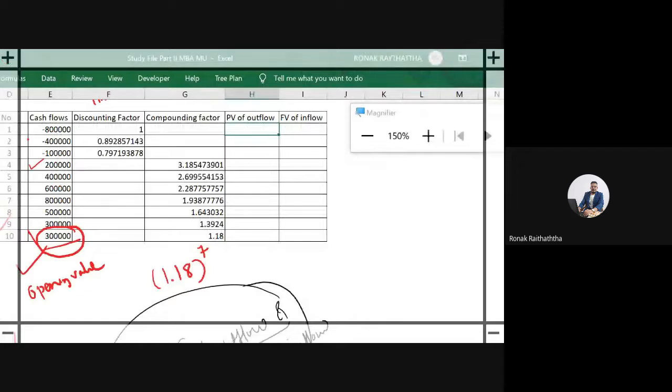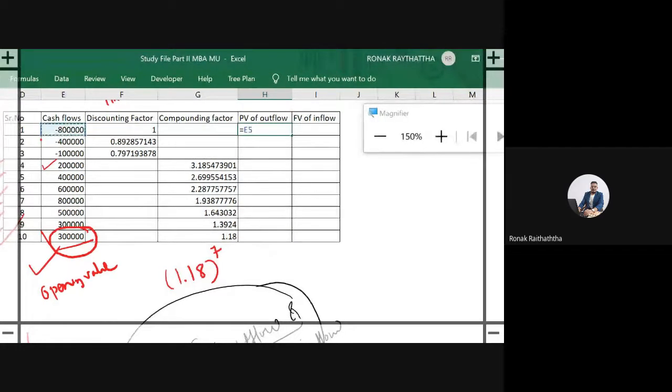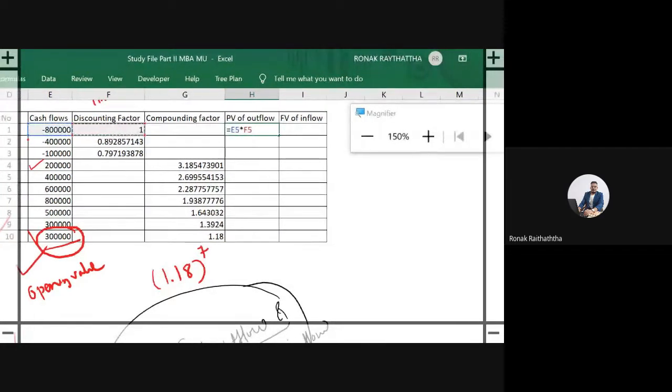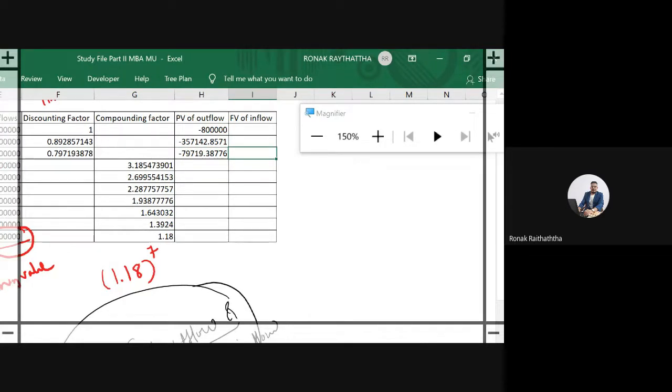Okay. Sir, what will be the present value of outflow now? Equals to outflow multiplied by this discounting rate. So copying that and pasting it down. In your case, you will have to manually multiply this, you know. But I have Excel, so I don't need to do it, you people do it.